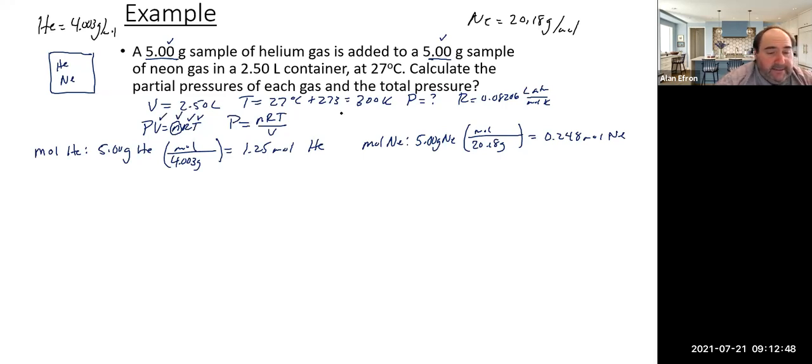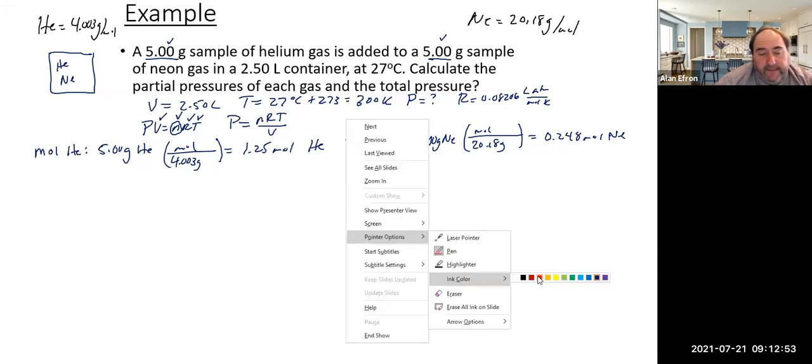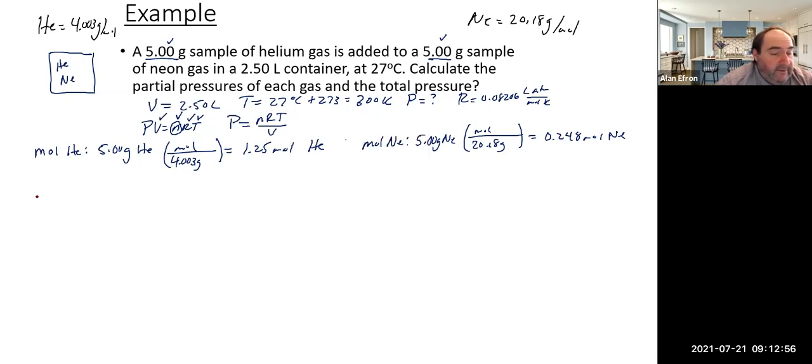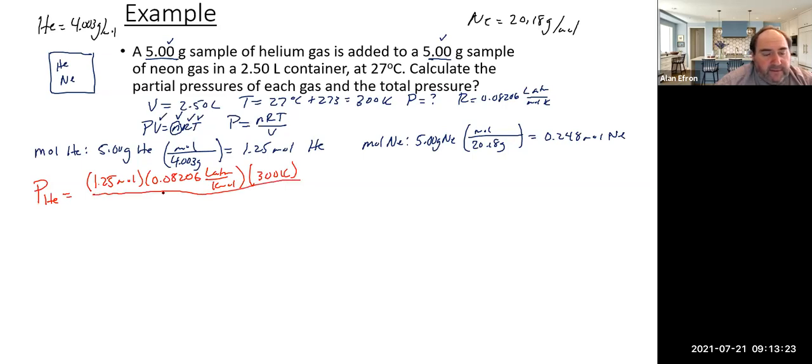As we talked about previously, we're going to do 2 separate calculations, one for each gas. The first thing we'll do is helium, and again it would be nRT over V. So our n for helium was 1.25, our R is 0.08206, our T is 300 Kelvin, all divided by our V, which is 2.5 liters.